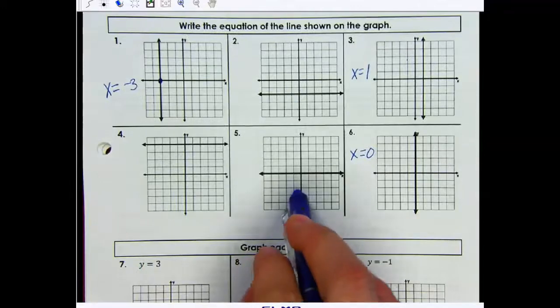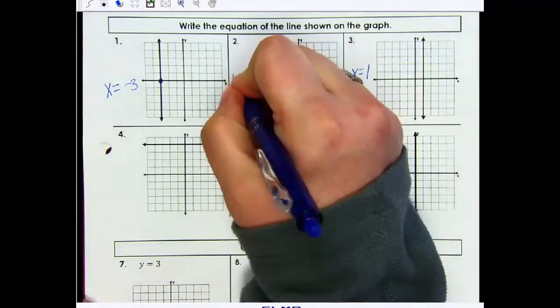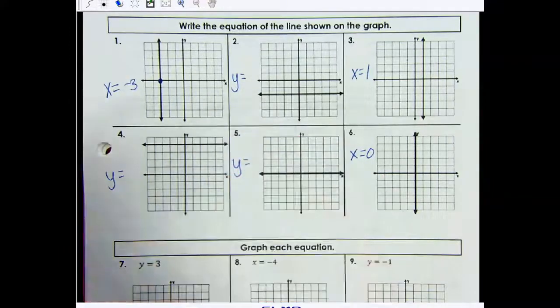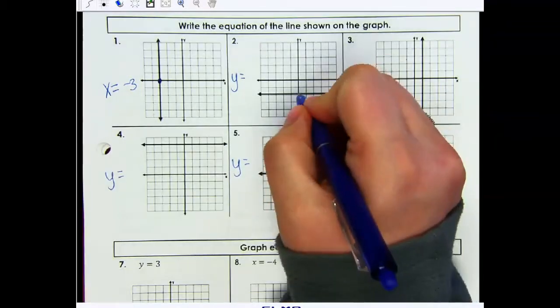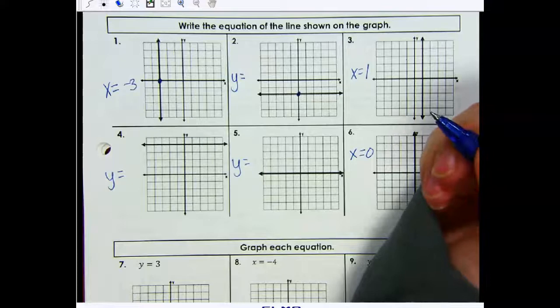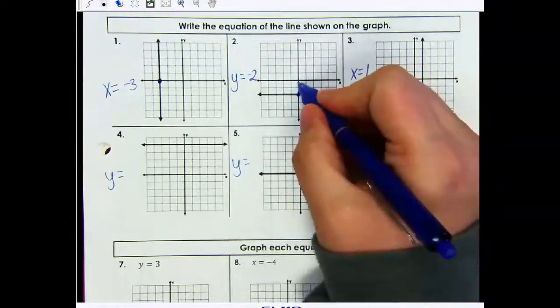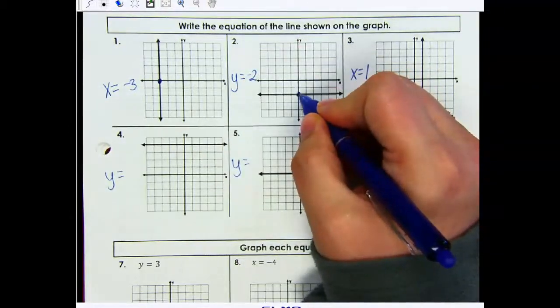If you have these horizontal lines, then you're going to start with y equals. And most equations of lines do start with y equals. But these, the only thing they equal is that place where they cross the y-axis, so the y-intercept. So this one is going to be y equals -2 because it crosses down here at -2.